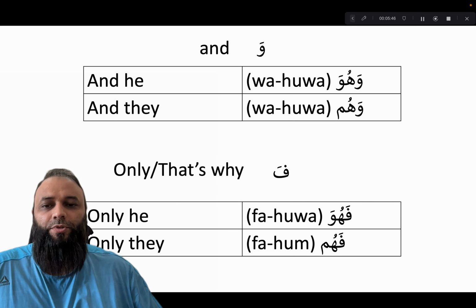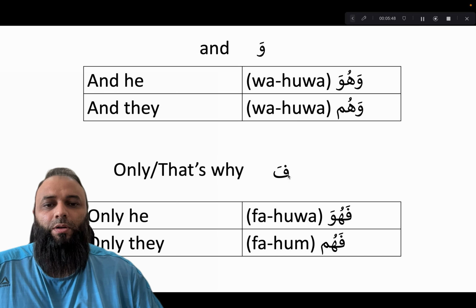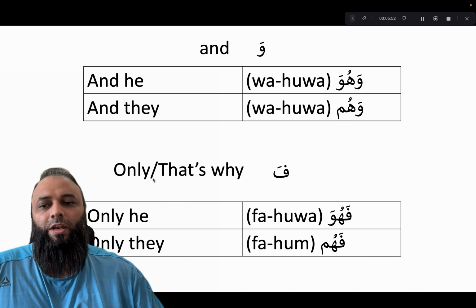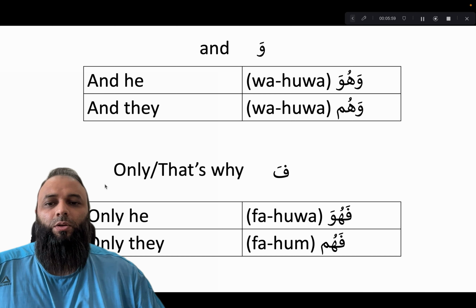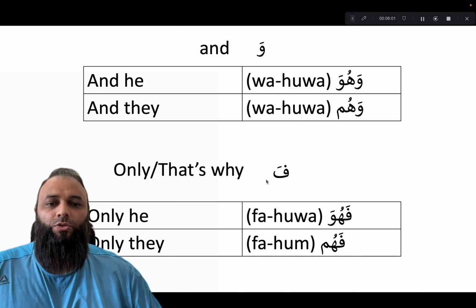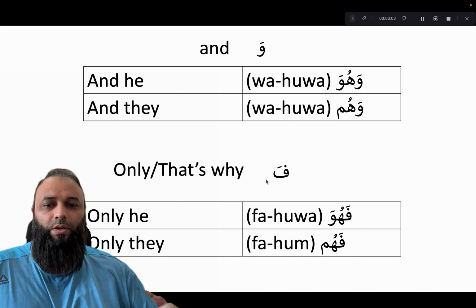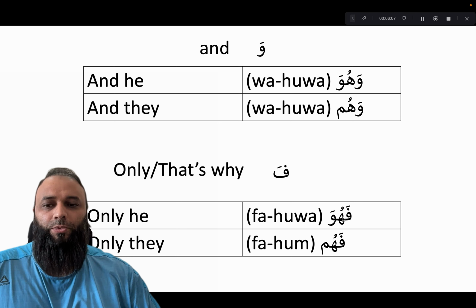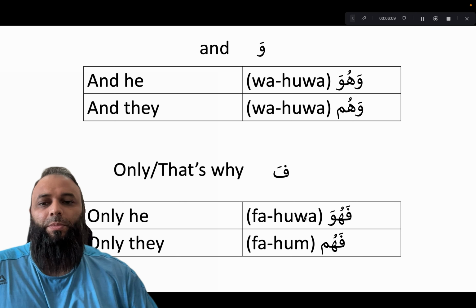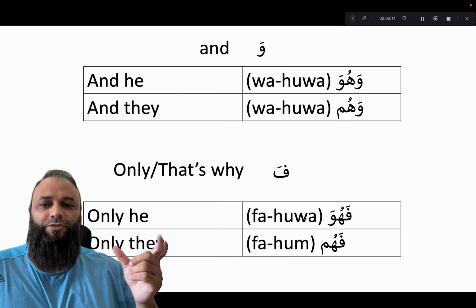And then you have fa, which is basically, it can have two meanings depending on the sentence, which it could be only or it could be that's why. So fa huwa means only he. So let's take the first meaning.